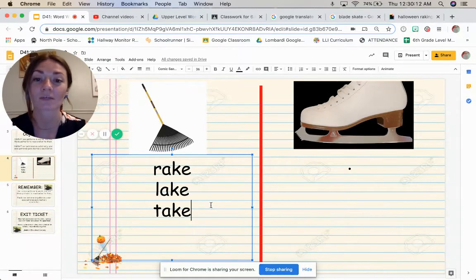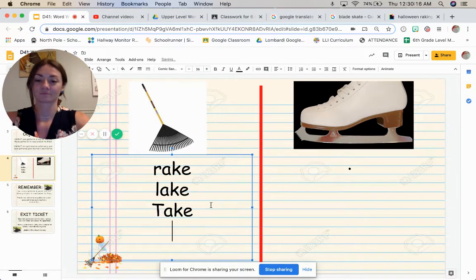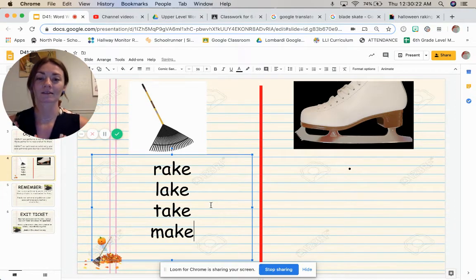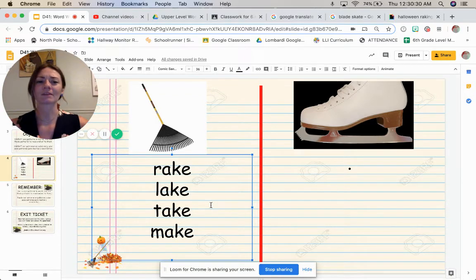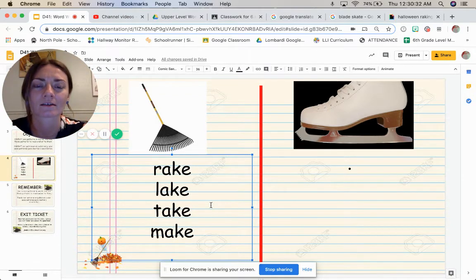So now we have the word take. Make. I can make a pizza. Make. Now I want to write the word cake. I can make a cake.